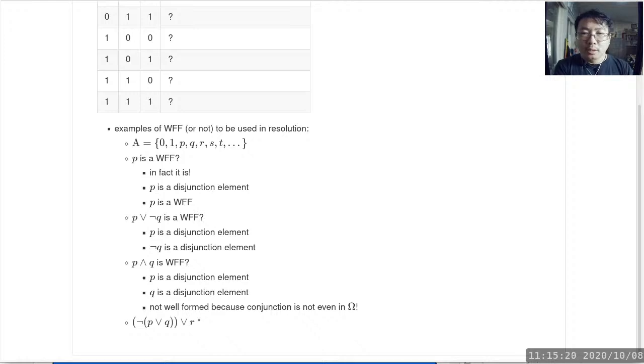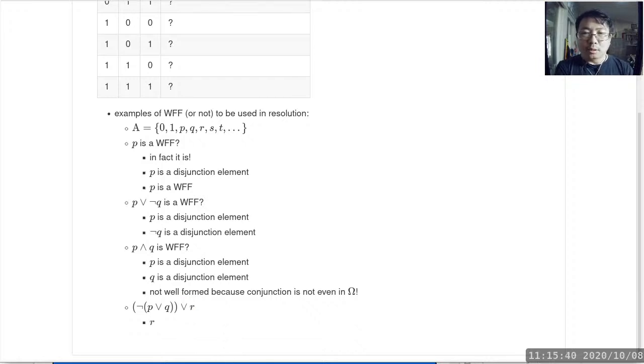Now we look at this: the final OR is this one over here, and we need to make sure that everything we're ORing are disjunction elements. R is okay, so we'll take care of R first. R is a disjunction element because R can be found in alpha. Anything that you can find in alpha by itself is a disjunctive element. So R is not a problem.